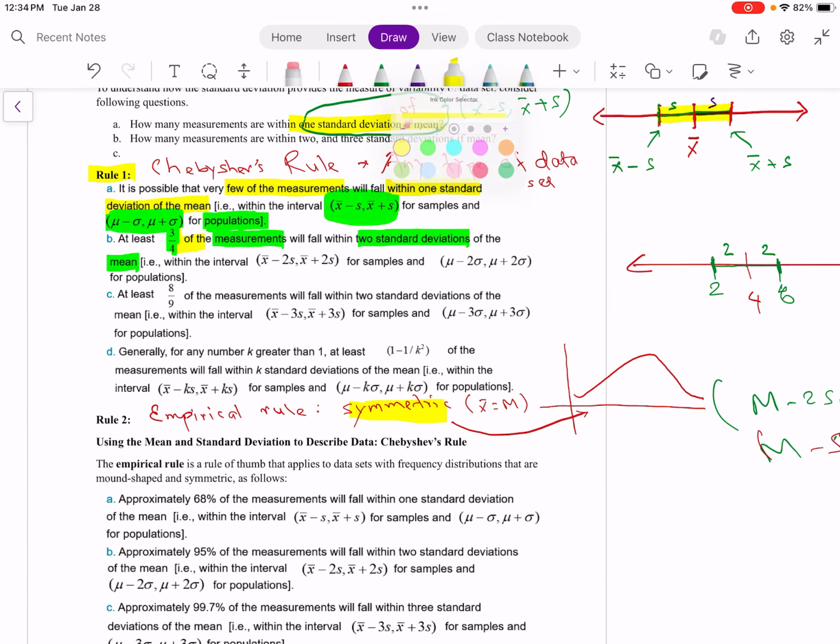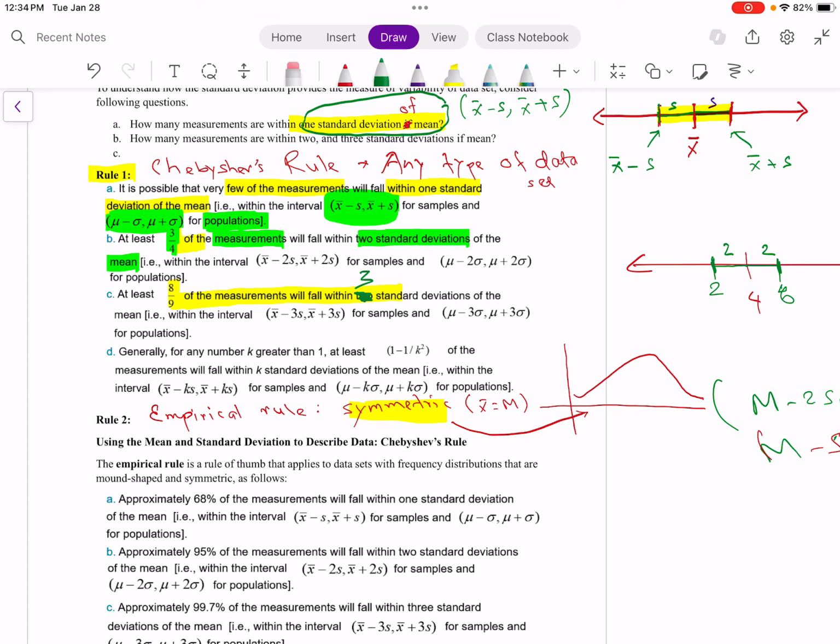Now the next one, at least 8/9 of the measurements will fall within 2 standard deviations. Should be 3 standard, let's correct here. So this is not 2, it is within 3 standard deviations. So at least 8/9 of the measurements will fall within 3 standard deviations of the mean.